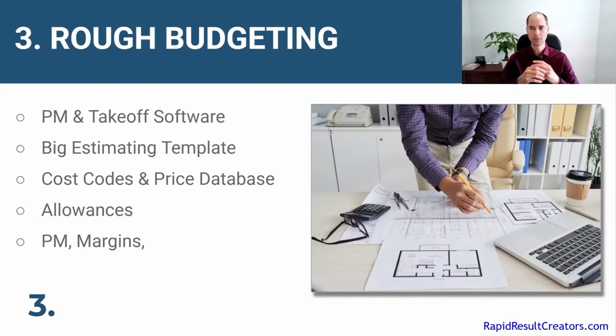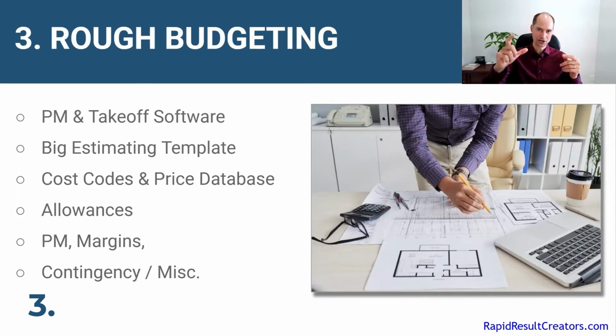And then your margins as far as your overhead. So things like your overhead should be built into your project too, because if your markup is 15% and you have a 12% overhead for your company, you are going to be losing money essentially, because the overhead is a margin, whereas the markup is on top of the price.